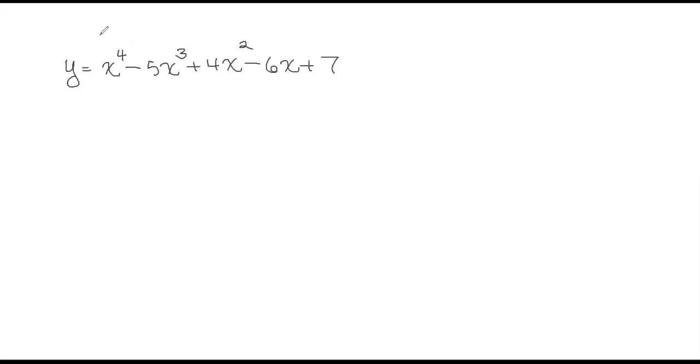The sum and difference rule says that I can take the derivative of this one, this one, this one, and so on, and then just apply whatever operation is in front of it.